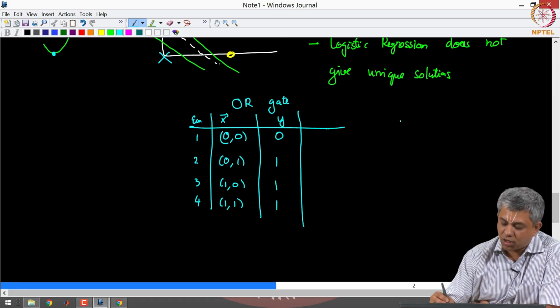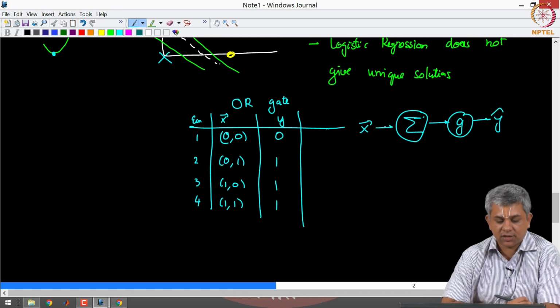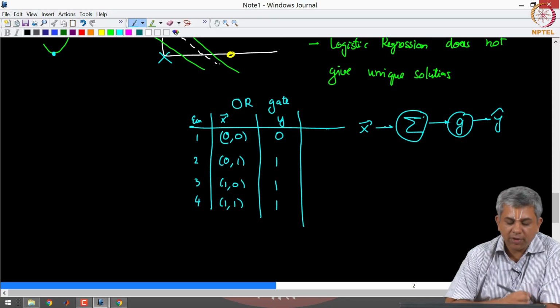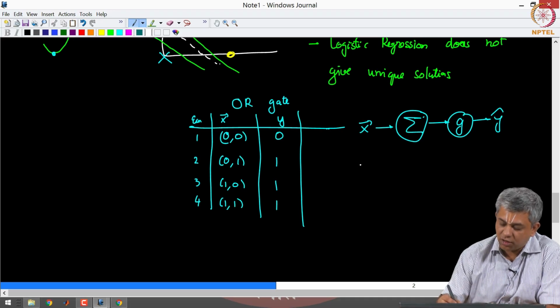We put the same model as before, a summation followed by a sigmoid gives us y hat after taking in x. Now, what I will also be doing is, both in the code which you will notice as well as in the expression here, we will write it as if we are writing vector expressions, just to tell you how that works.